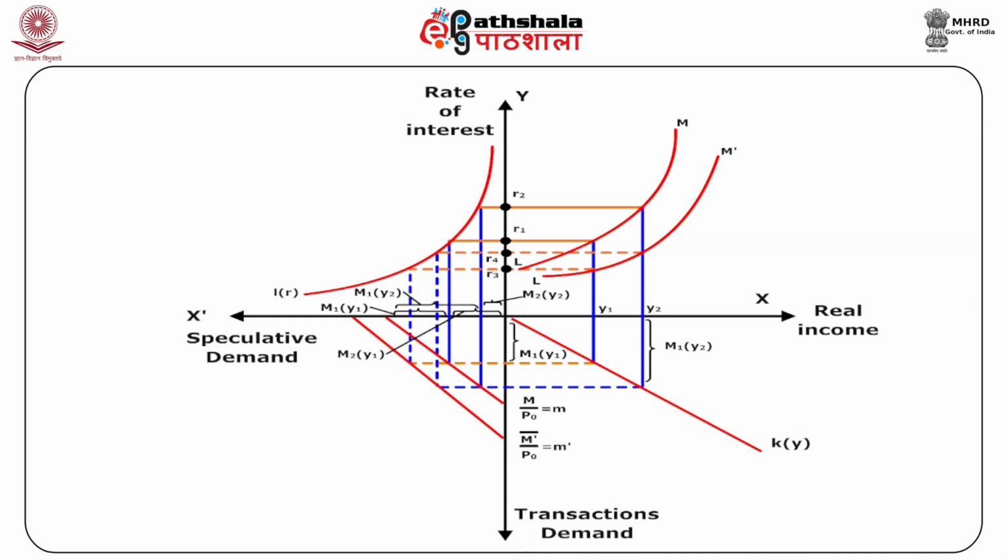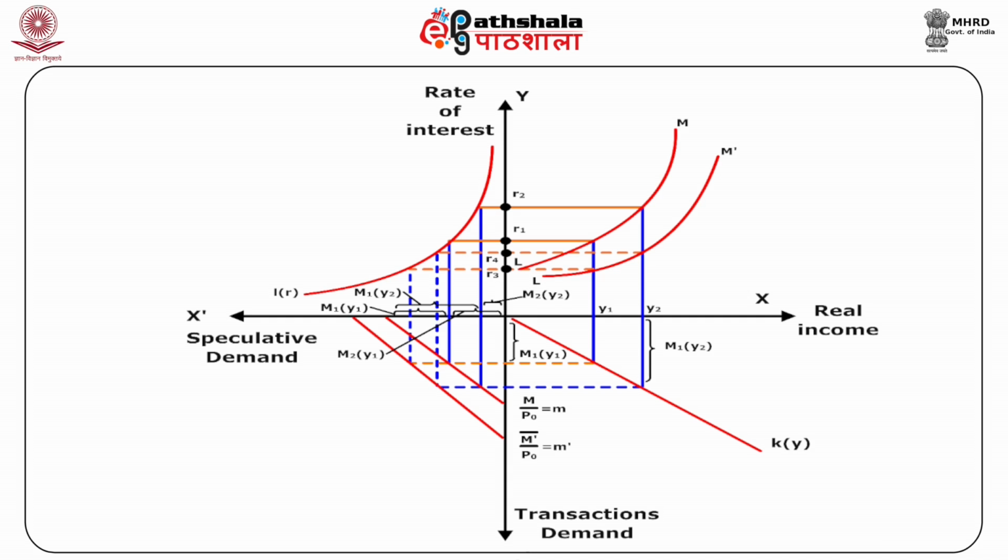So now we have 2 points which correspond to the levels of income y1 and y2 and their corresponding interest rates, that is R3 and R4. If we join these 2 points, then we have a new LM function, L prime M prime, which lies to the right, showing an expansion of the LM function.